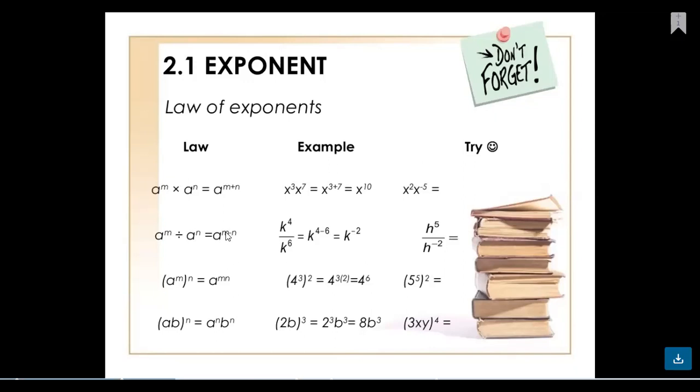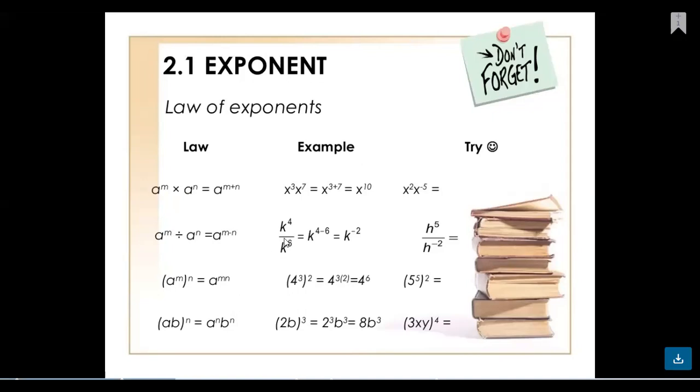Okay, so kapag multiplication, i-add natin yung exponent, basta same ng base or same ng variable. Kapag division naman, subtract natin yung exponent nila basta same sila ng variable. Okay, kapag magkaibang variable, ibang usapan yon.